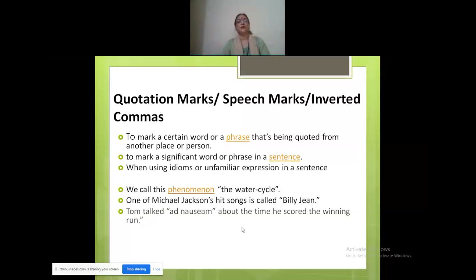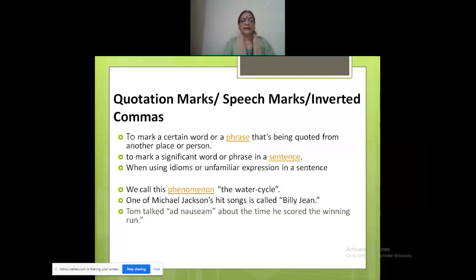We call this phenomenon, you can also put a dash here, the water cycle, or you can put it in italics, or you can just underline. So everything would be okay. So it's called Billie Jean, or Tom talked ad nauseum about the time he scored the winning run. So highlighting a certain point, we use quotation marks in between also.